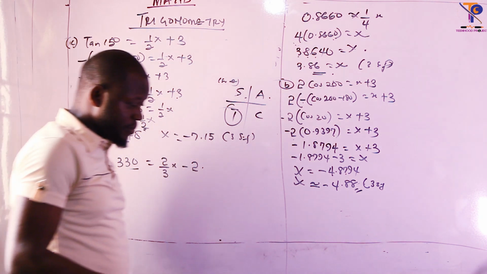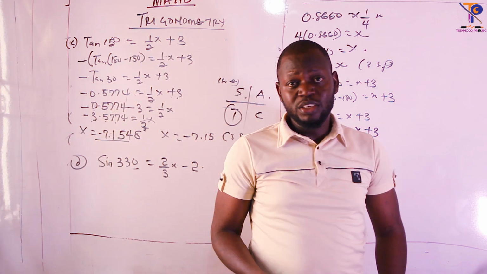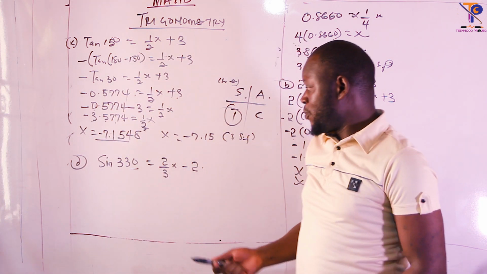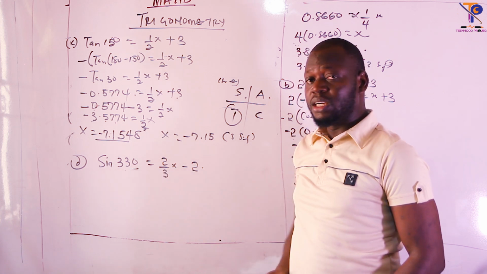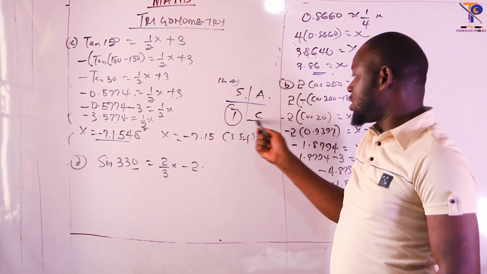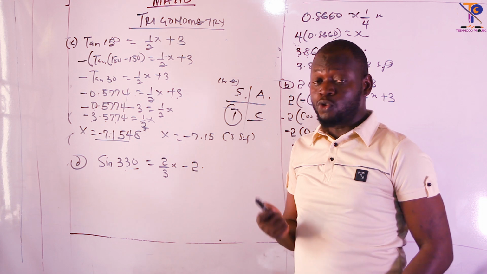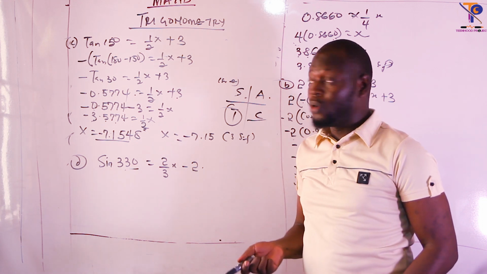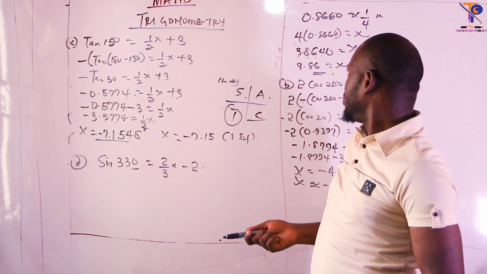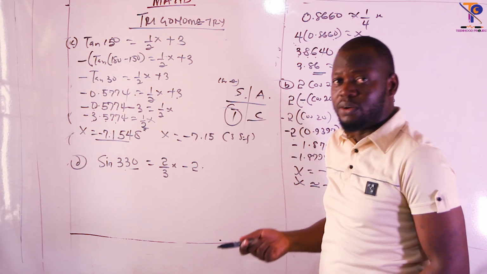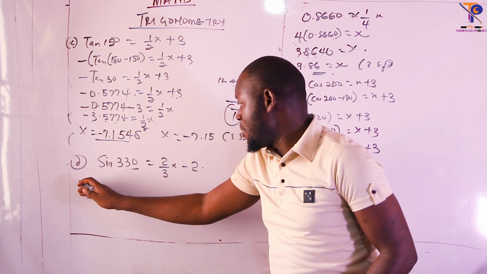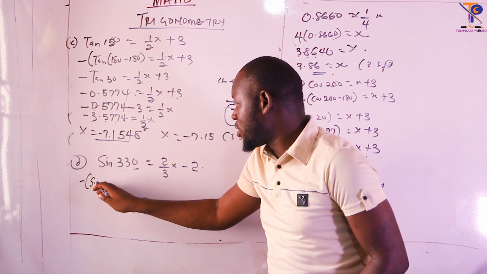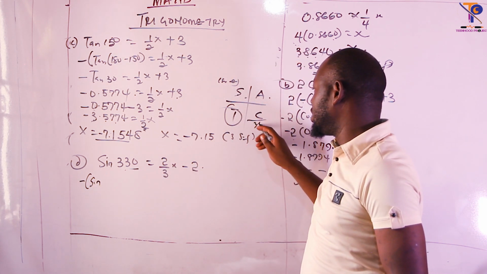330 is on the fourth quadrant, and we have sine 330. So cos is positive on fourth quadrant. Obviously, sine is negative. So why are they all negative except for the first one? Well, that's the question. So we have minus into sine. Don't forget, this one is 360 minus theta.